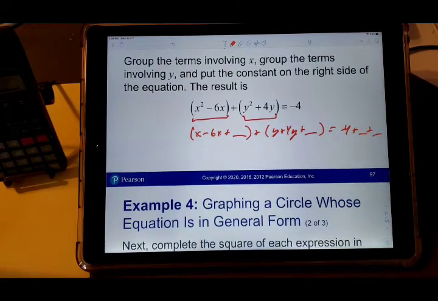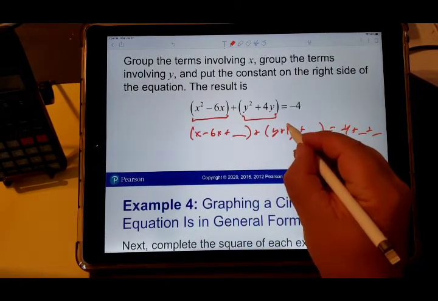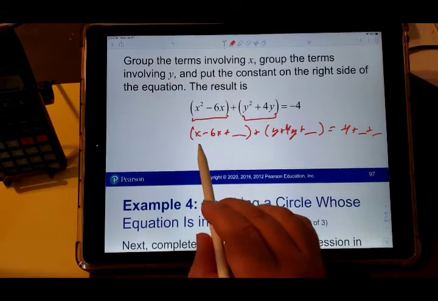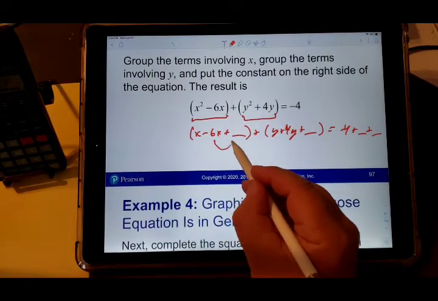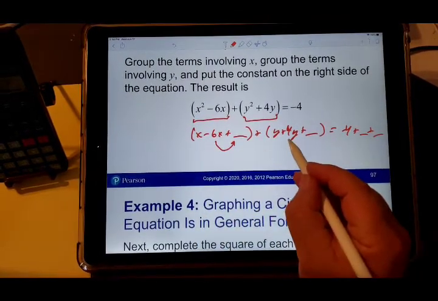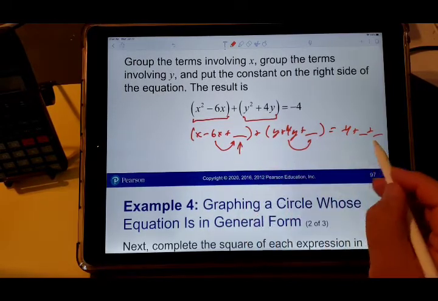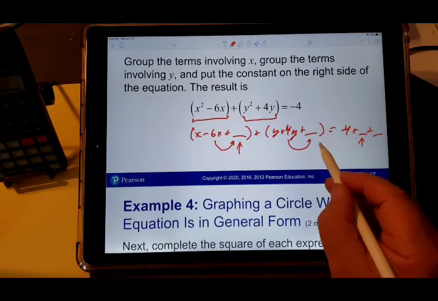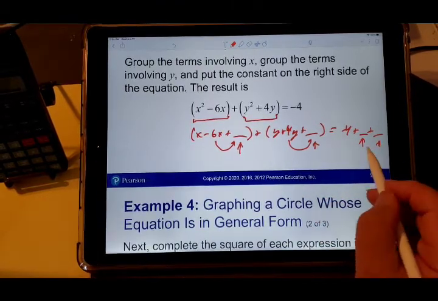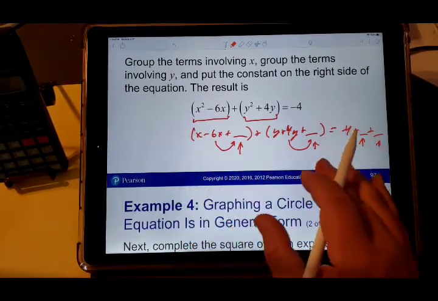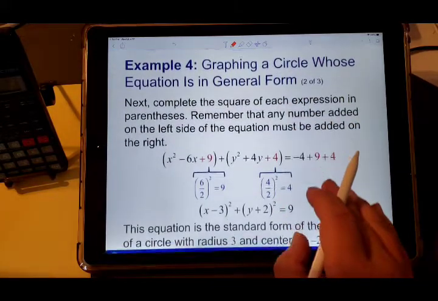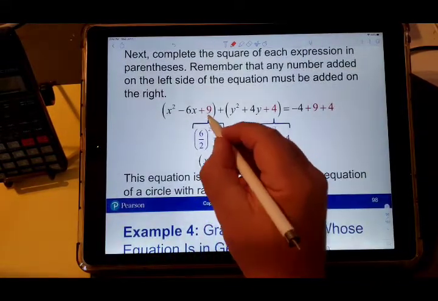All right, didn't really do any more math, but just kind of setting the table. I know that I'm going to put something here, and I know I'm going to put something there. And whatever I put here, I have to add to the other side of the equation. Whatever I put here, I have to add to the other side of the equation. So there's some method here. And we'll see it right here.